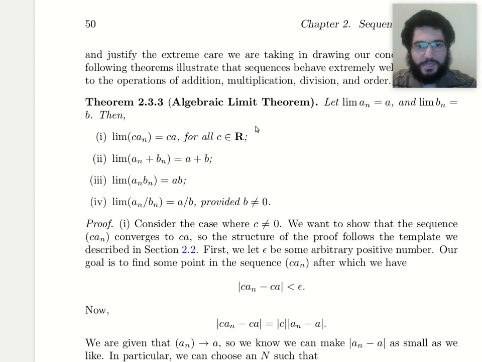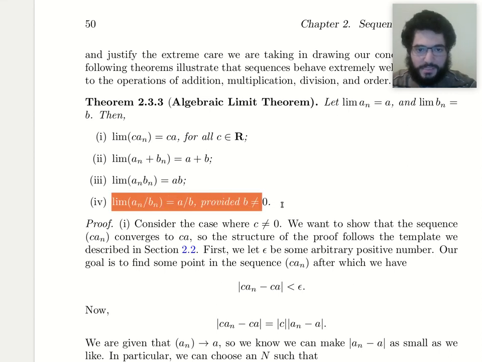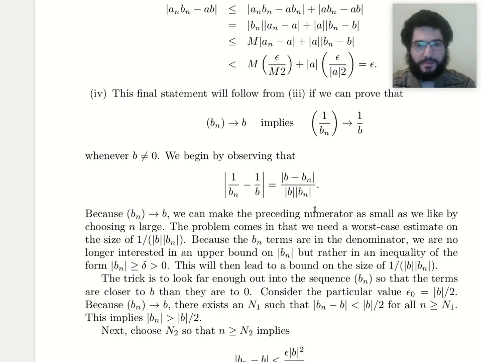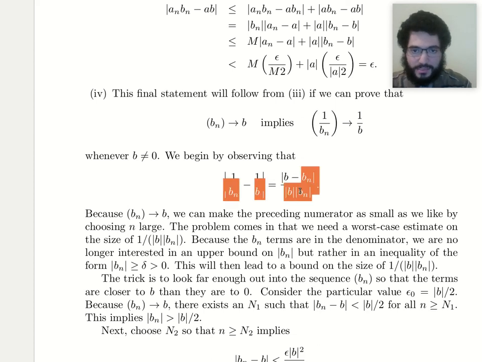So here is our 118A textbook, Abbott, and this is the algebraic limit theorem. It reminds me of this step where we were working on the limit of a quotient of two sequences where the limits of the individual sequences exist. And here was the proof of this portion of the algebraic limit theorem. And the problem was, when you look at this, the distance between 1 over bn and 1 over b, you get this thing that you control, b minus bn, but you also have this bn in the denominator.